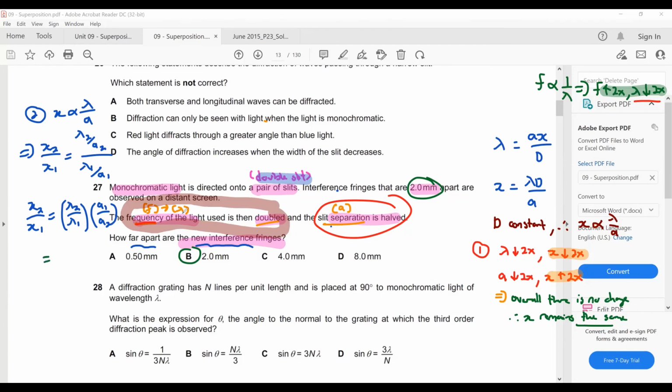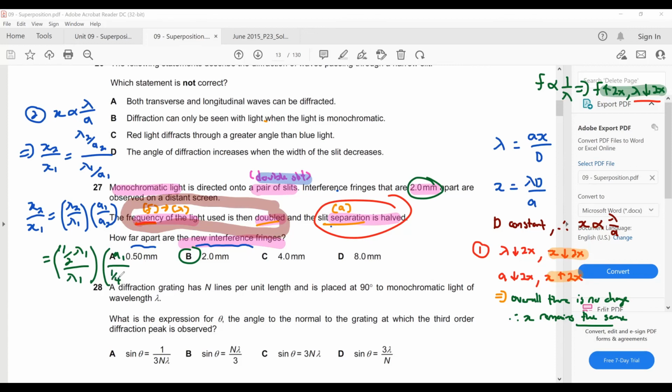Lambda 2 in relation to lambda 1 is half, and A2 is half of A1.